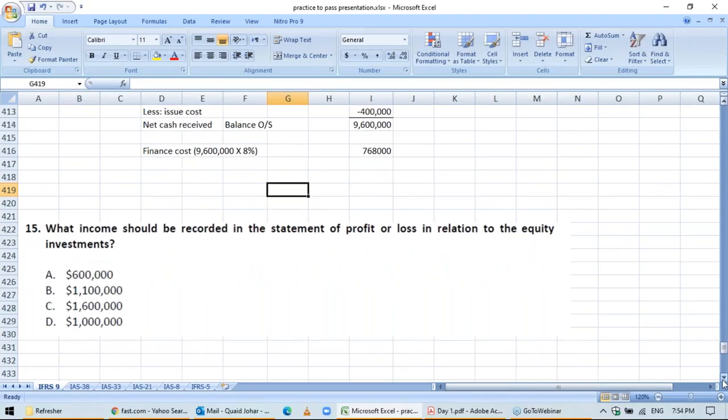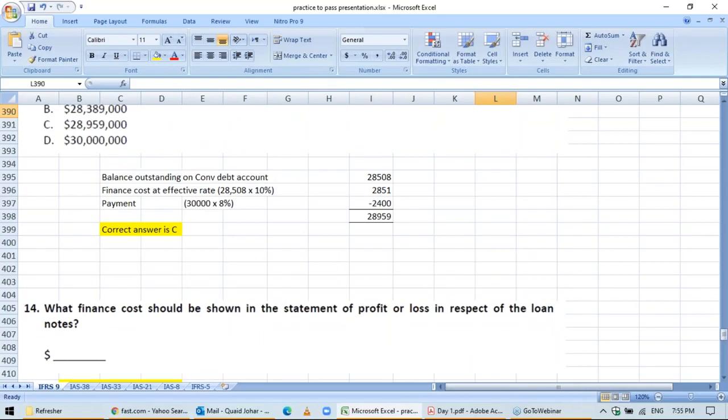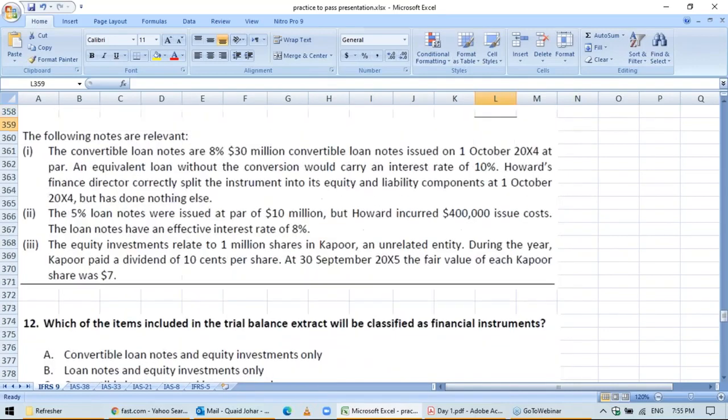Question number 15. What income should be recorded in the statement of profit and loss in relation to equity investments? So let me take you back to the question. What does the question say regarding the equity investment? It says that the equity investment related to 1 million shares in Kapoor, right?